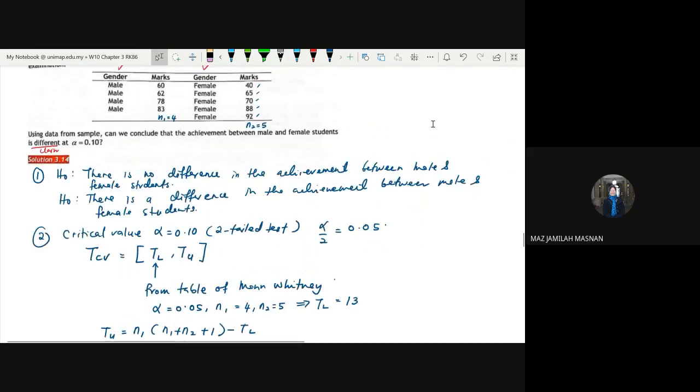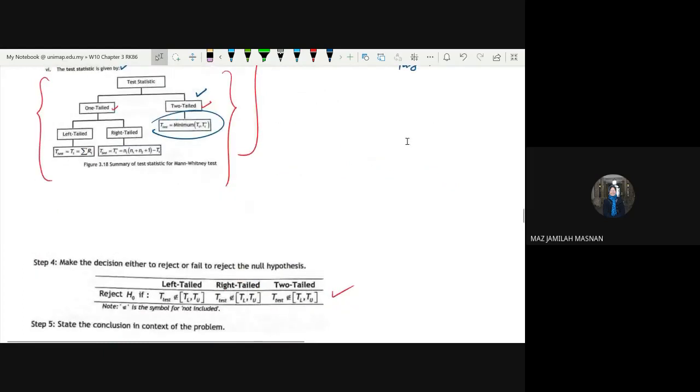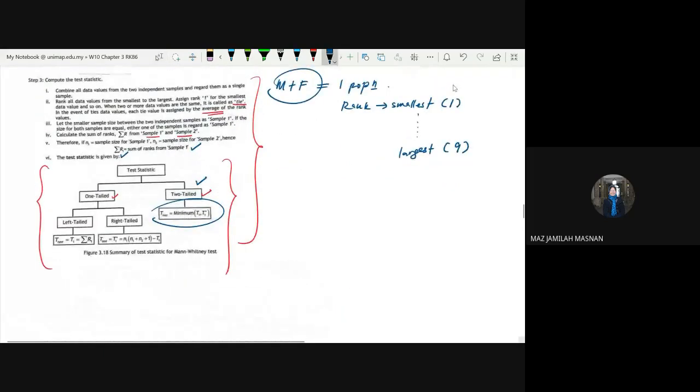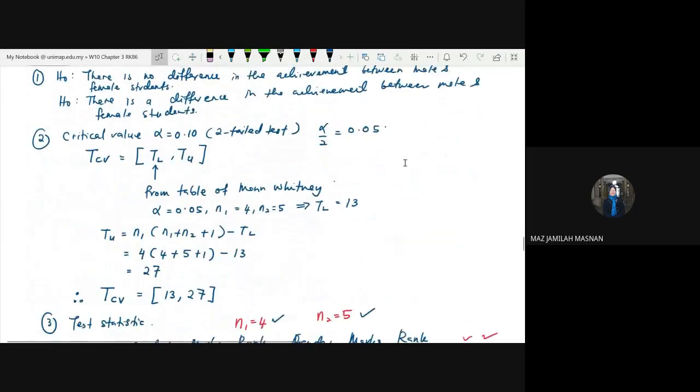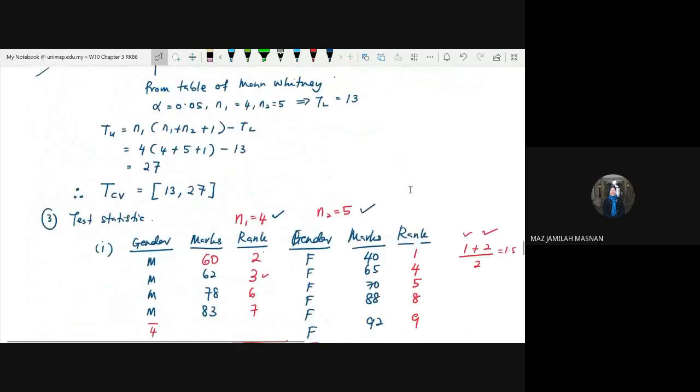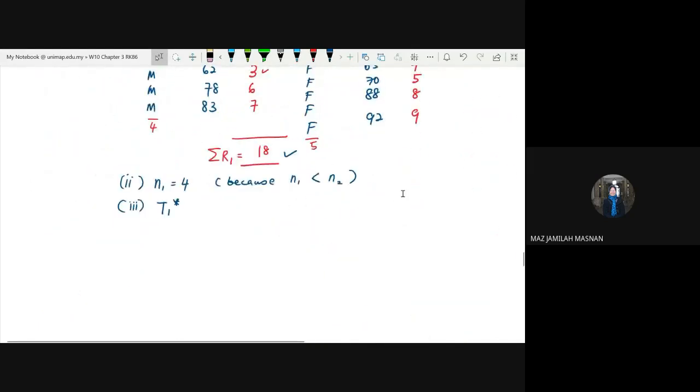What is T1 star? Remember, class? You need to find this, and this is your T1 star. How to find T1 star is almost the same as what you were doing just now. T1 star is equal to n1 plus n2 plus 1 minus T1.